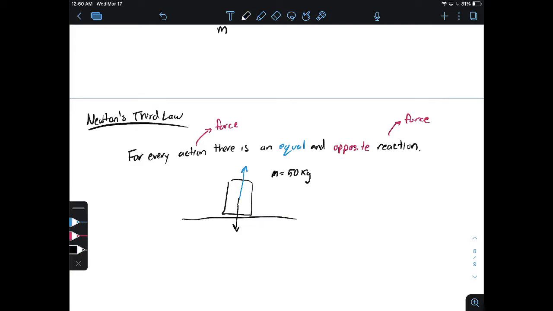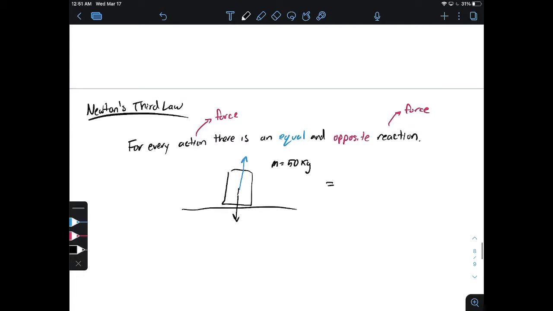Because we have this gravitational force acting downwards on the box, that is our action. Now there's going to be an equal and opposite reaction, and from that we can say this would be mg, this would be F sub n, our contact force, and we can say that mg is equal to F sub n, because they're the only two forces in the equation, and they're opposing, and they're equal. So that is also a very important force.